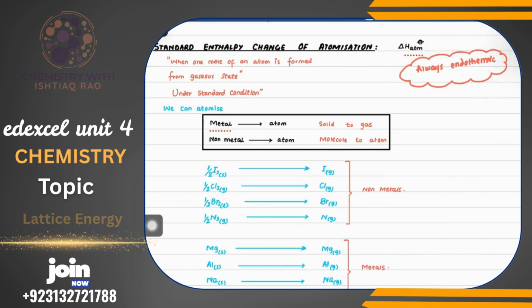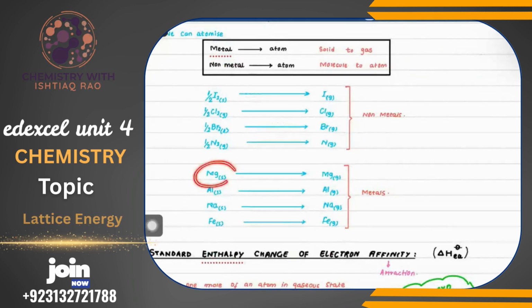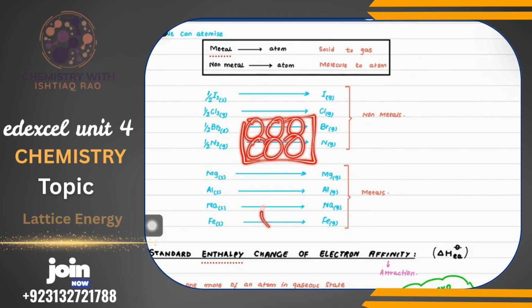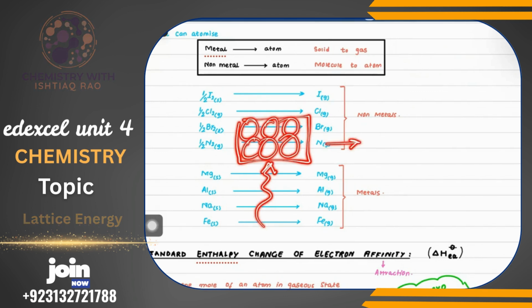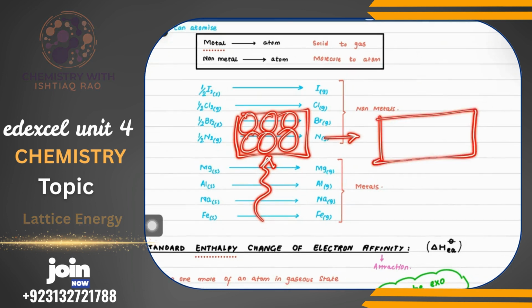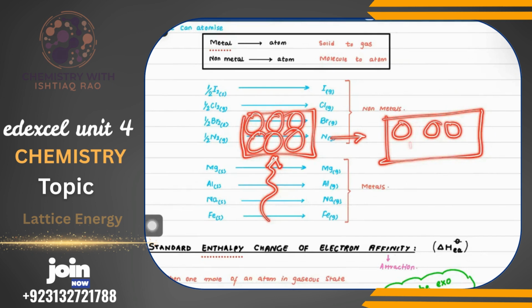Sorry, can you explain how is it endo again? In the solid state, the particles are joined together in a stronger manner. Let's say this is the solid state, and I'm going to provide energy and the molecules are going to move far away from each other.